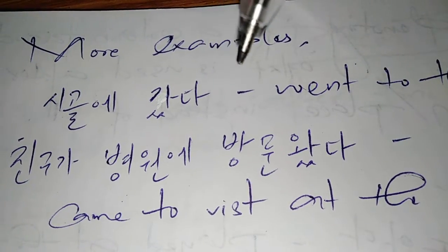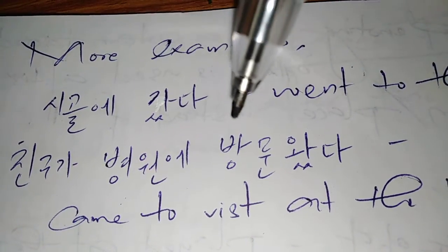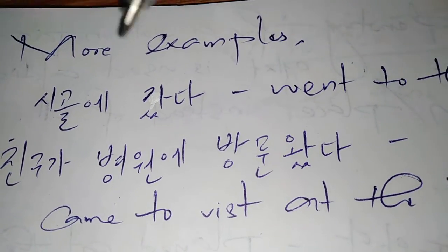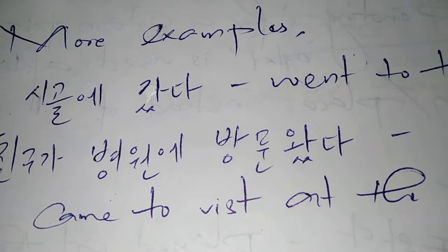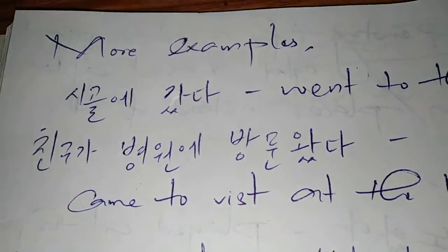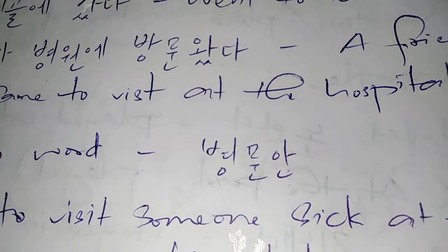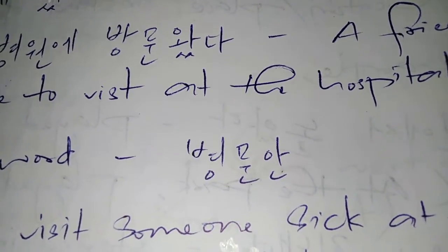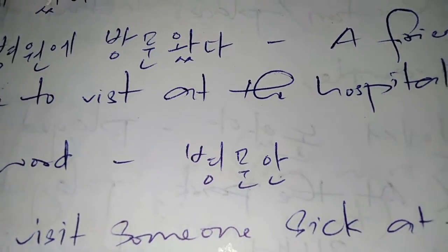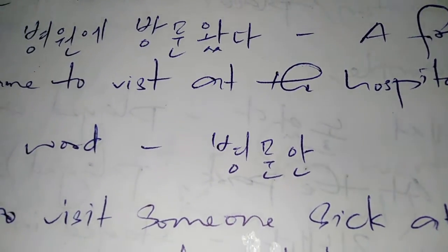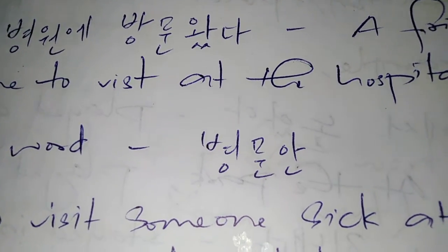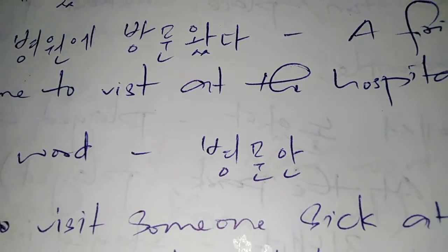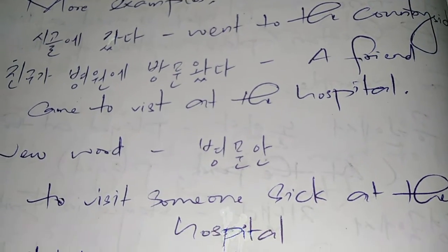So instead of saying 병원에 방문 왔다, you can also say 친구가 병문안 왔다. So 병문안 means to visit someone sick, usually at the hospital. That's what it means. So instead of saying 병원에 방문 왔다, 병문안 is an option. So anyways, 친구가 병원에 방문 왔다 means a friend came to visit at the hospital.